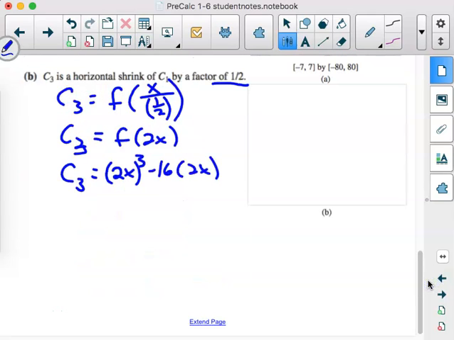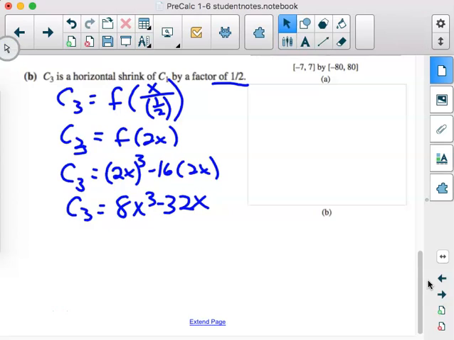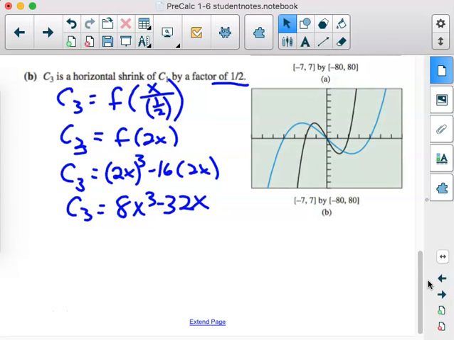All right, so now we do the math, and we get 8x cubed, because don't forget that that 2 has to be cubed as well, minus 32x. And again, when it says it's going to be a horizontal compression by a factor of 1/2, it's going to look like it's squeezing the graph horizontally.